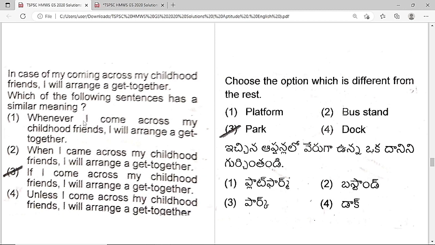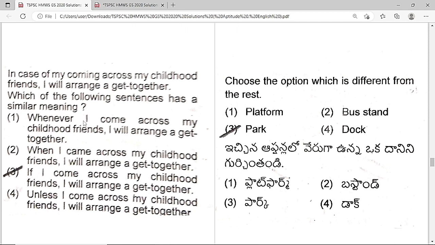So both these statements are going to give you the same meaning.